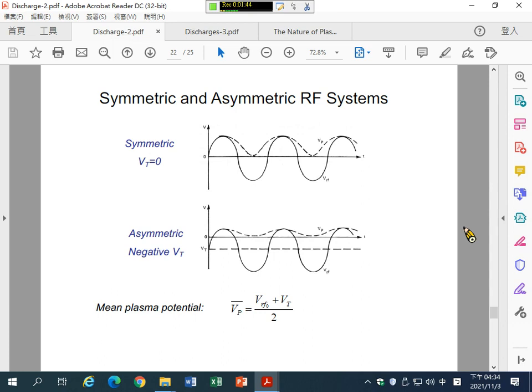And the potential on the RF hot electrode, at least half cycle, is positively biased, positive polarity, and the other half cycle is negative polarity. So in average, the potential on the RF hot electrode is also equal to 0 volt. So the VT equals 0 volt for symmetrical system.